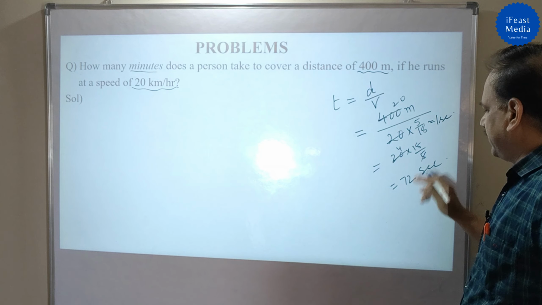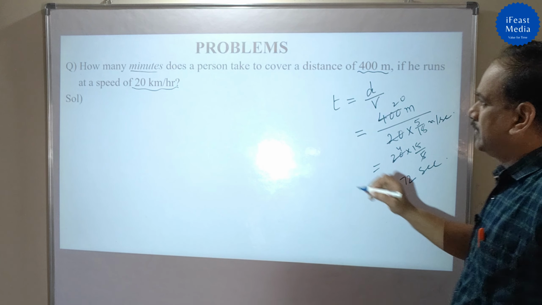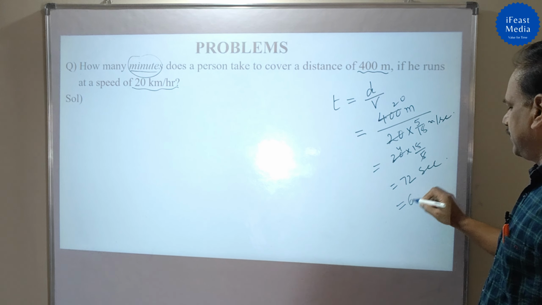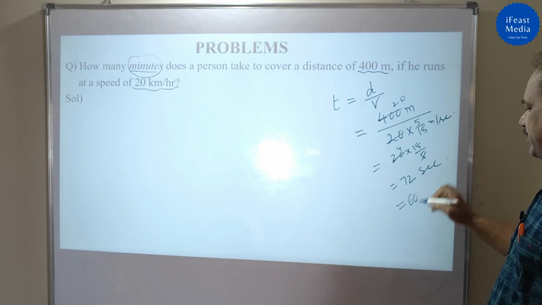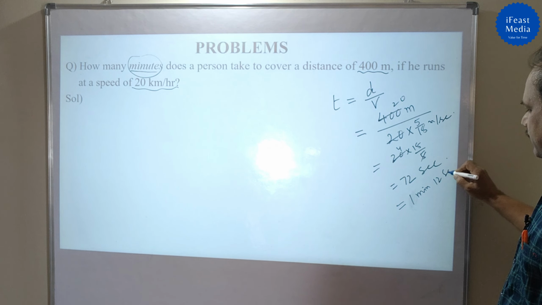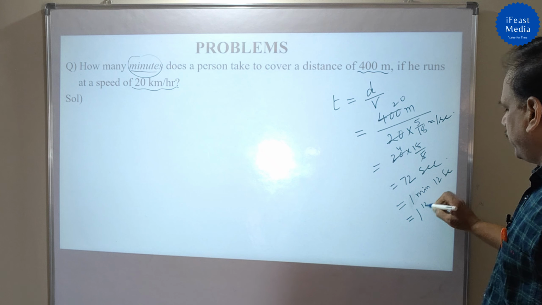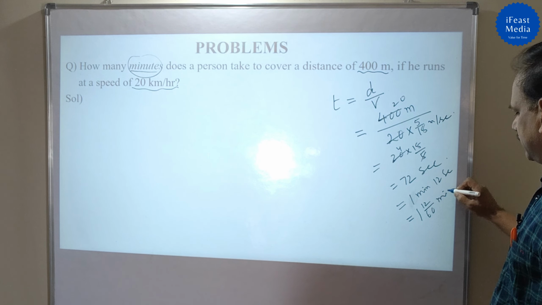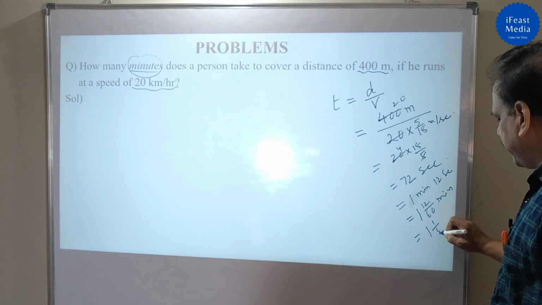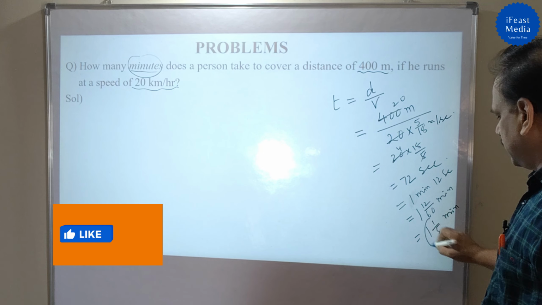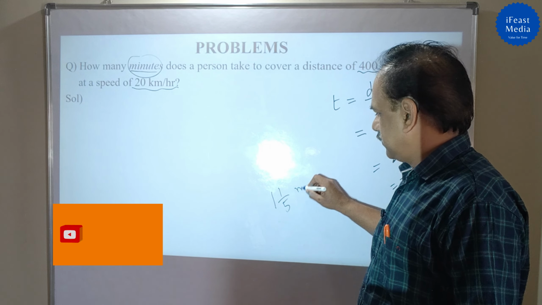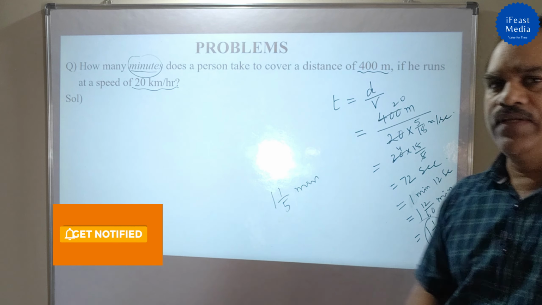So answer is in seconds. So 72 seconds is equal to how many minutes? Because you are asked to find the number of minutes. It is 60 seconds plus 12 seconds. It is 1 minute 12 seconds. So it is 1 and 12 by 60 minutes. It is 1 and 1 by 5 minutes it takes for the person.